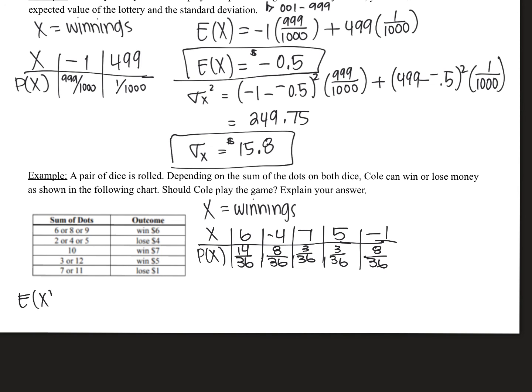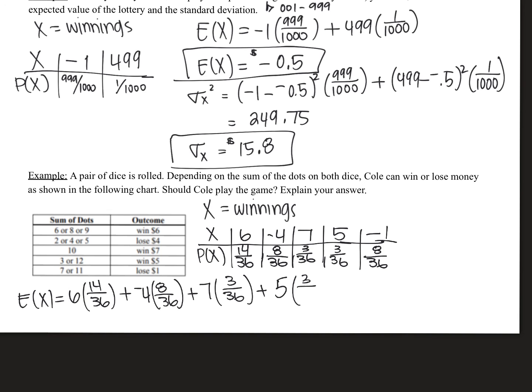So our expected value is going to be 6 times 14 over 36 plus negative 4 times 8 over 36 plus 7 times 3 over 36 plus 5 times 3 over 36 plus negative 1 times 8 over 36.